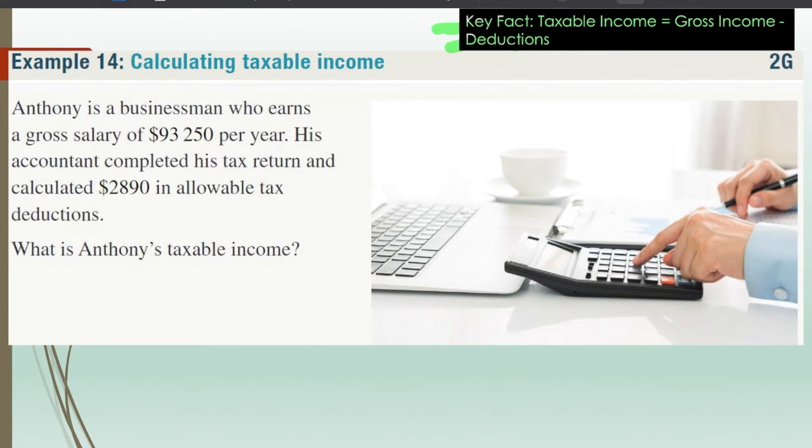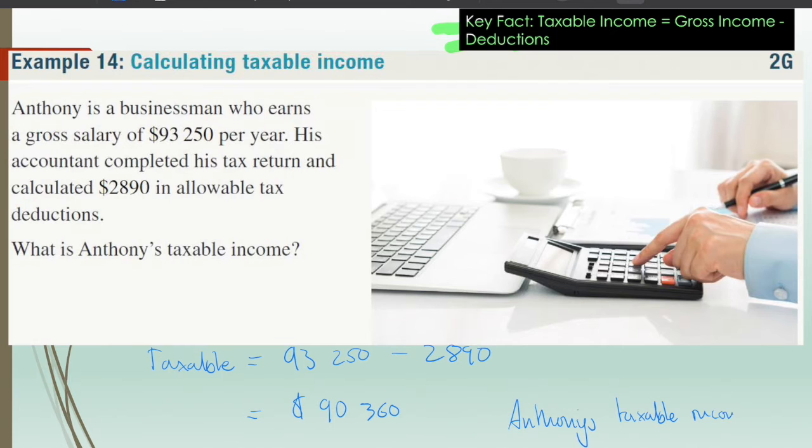It's gross income minus deductions. And then we write out our answer. Its taxable income is $90,360.